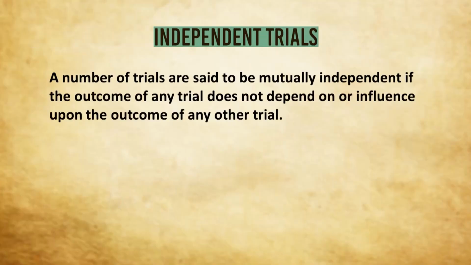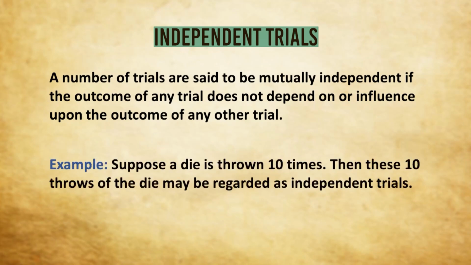Next, we go to independent trials. A number of trials are said to be mutually independent if the result or the outcome of any trial does not depend on or influence the outcome of any other trial. We stick to the same example of throwing a die 10 times. Now you see, suppose in the first throw I get a 3.